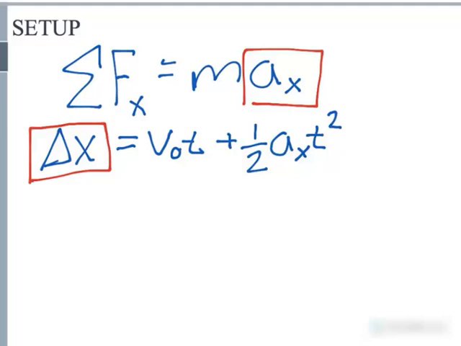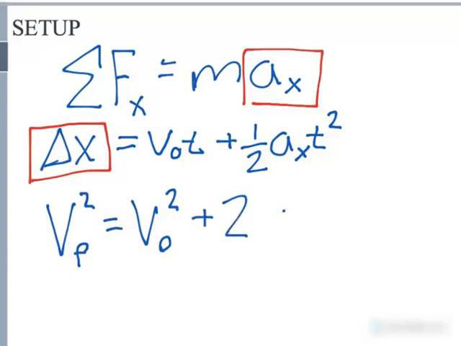Next, we're going to need to find the velocity, and we can use: the final velocity squared is equal to the initial velocity squared, plus 2 times the acceleration times the change in x.